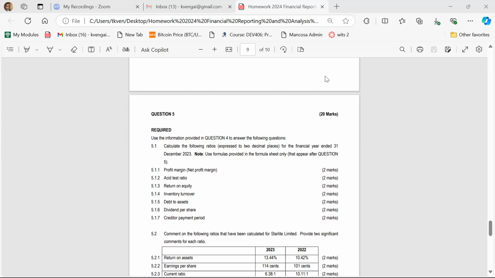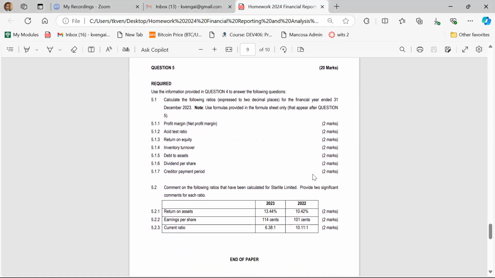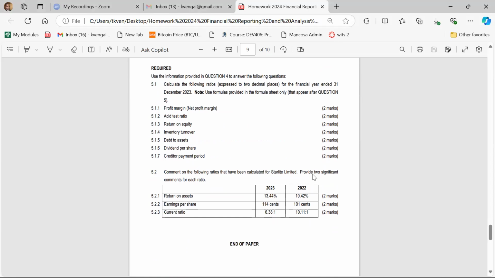Those are the only ones that have standard benchmarks across every industry. For all the other ratios, you have to be told what the benchmark is for you to do a benchmark comparison. Right, so that's interpretation of ratios. Now let's go through our examples here, and as we discuss, we can highlight a couple of things.